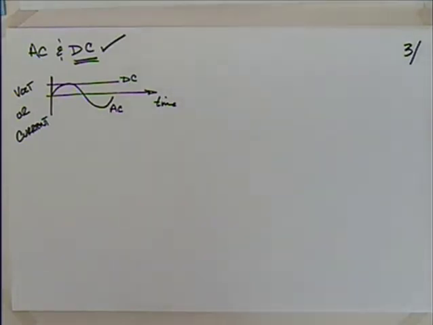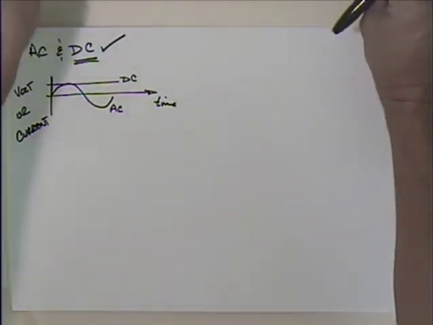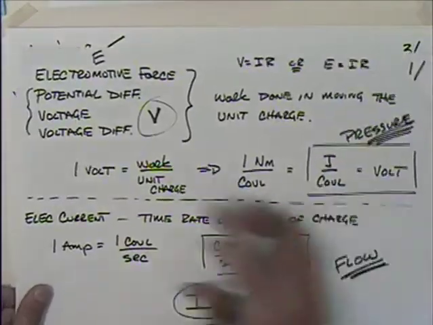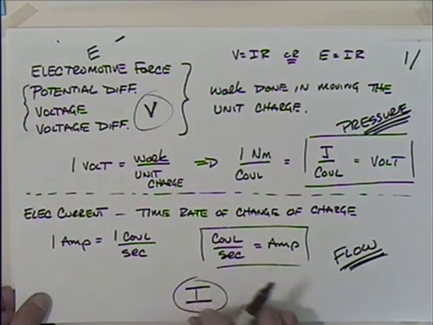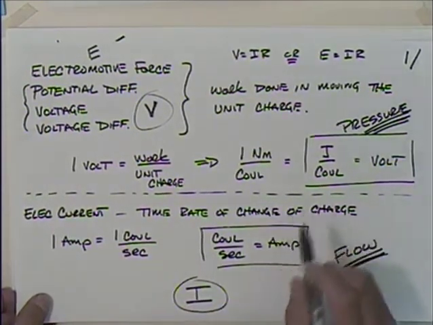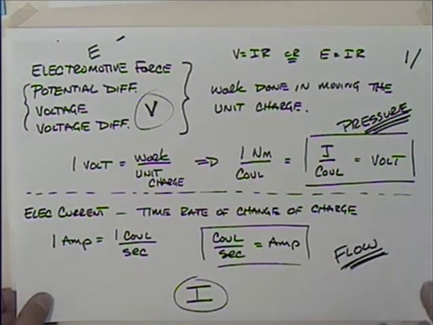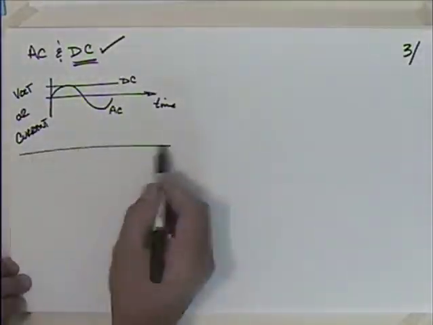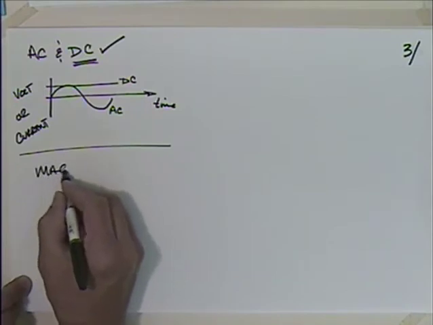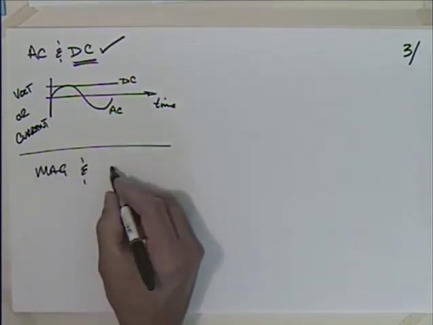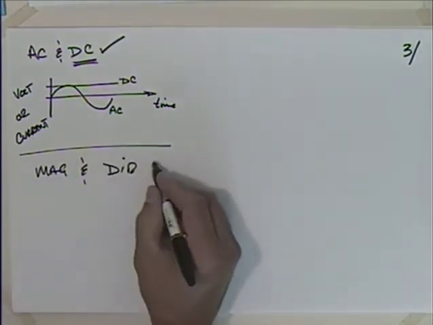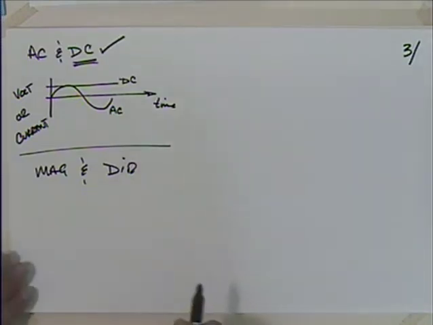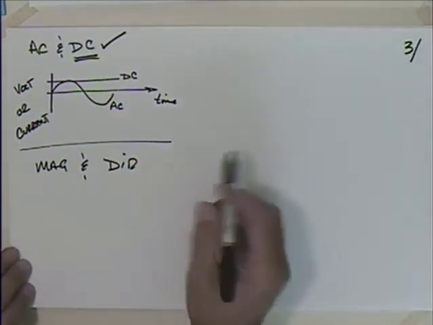I don't want to get too sidetracked with AC and DC. Going back and looking at voltage and current, we talk about the magnitude here, and most people are pretty comfortable with the magnitude, but it also has direction. So it has both a magnitude and a direction or polarity. Current is probably the easiest to talk about.